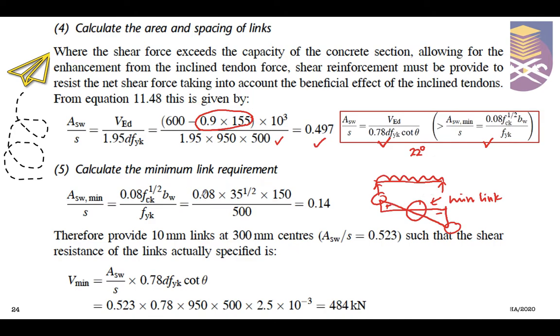So we can save some cost in the provision of the links. You can see here that we calculate this as well, and we will get ASW over S equals 0.14.